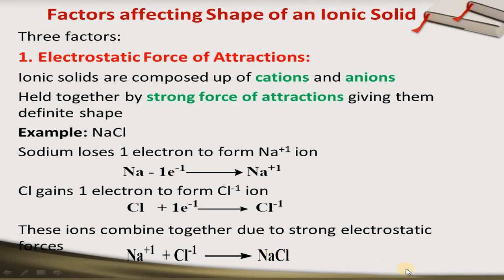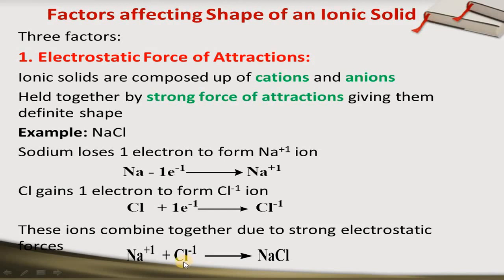As we have seen in the previous lecture, in the crystal lattice of sodium chloride, each sodium ion is surrounded by 6 chloride ions, meaning the coordination number of sodium is 6, and each chloride ion is surrounded by 6 sodium ions, so the coordination number of chloride is also 6.